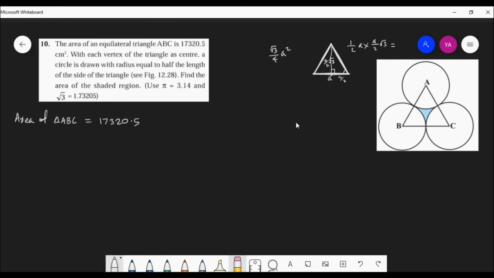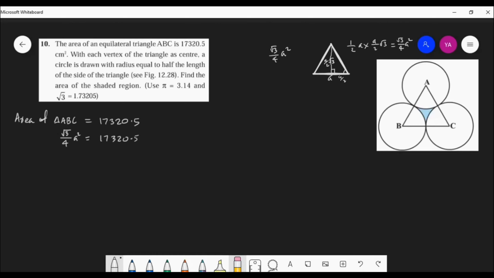Multiplying this, we will get root 3 by 4 A square, right? So you can substitute this here. Area of triangle ABC is equal to, since ABC is an equilateral triangle, root 3 by 4 A square. That is given as 17,320.5.